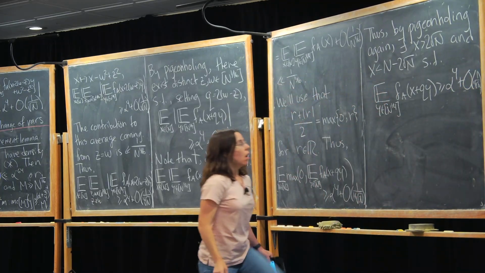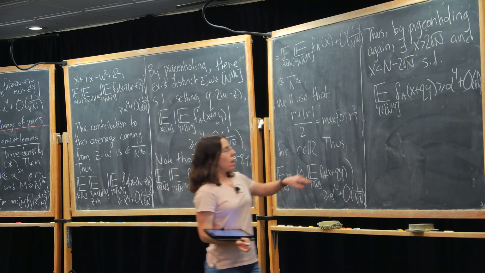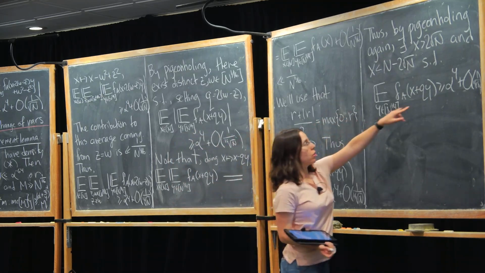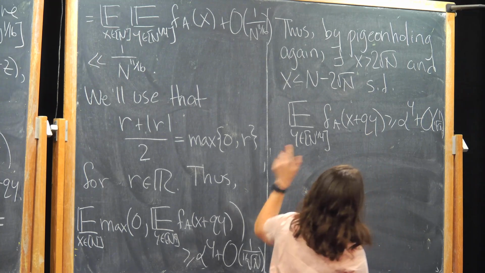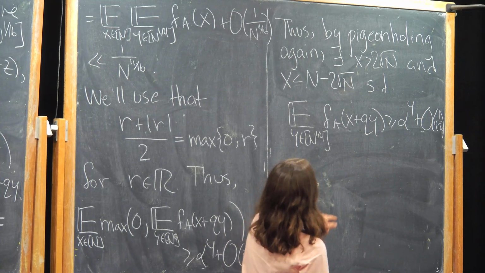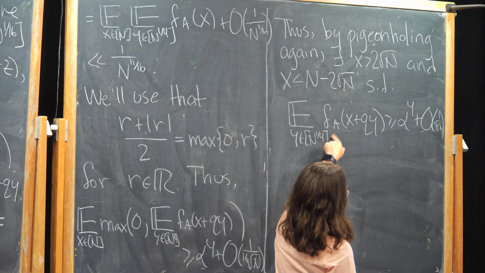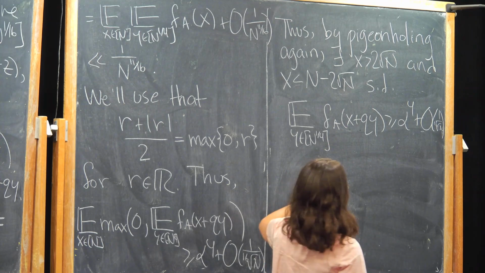All right, so because our choice of x ensures that this arithmetic progression always lies in the interval from 1 up to n, we can use that the balanced function is the indicator function of A minus alpha times the indicator function of the interval from 1 up to n.